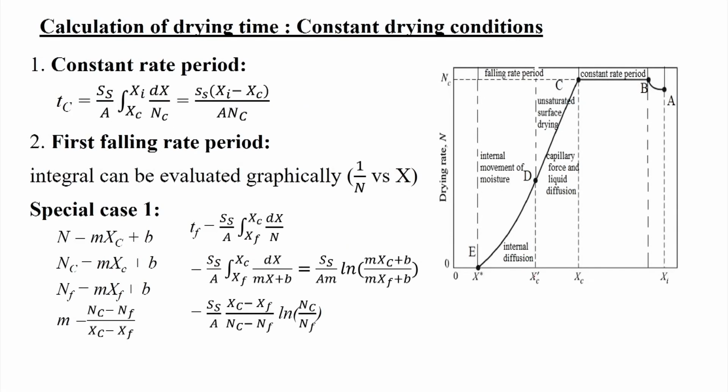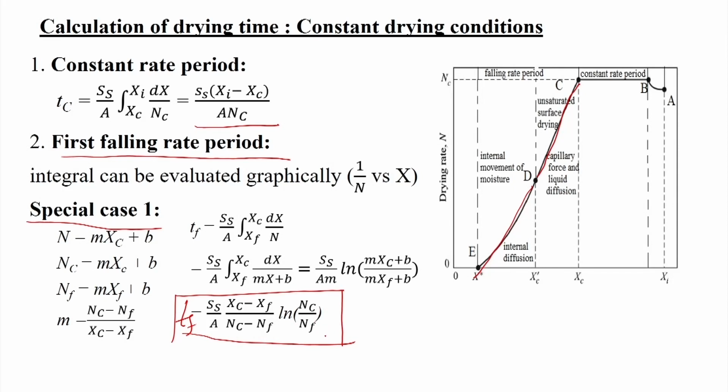Now we will discuss the constant rate period time. Tc is equal to Ss by A Nc into Xi minus Xc. For the falling rate period, there may be two falling rate periods, the first and the second. If in the first falling rate period the drying rate is proportional to moisture content, then Tf will be Ss by A into Xc minus Xf by Nc minus Nf into ln Nc by Nf. That is the time for the first falling rate period.